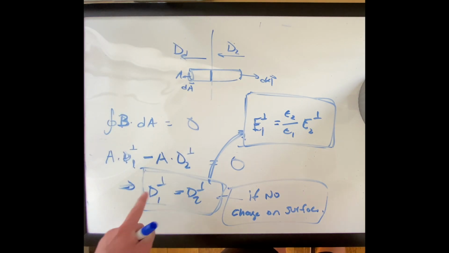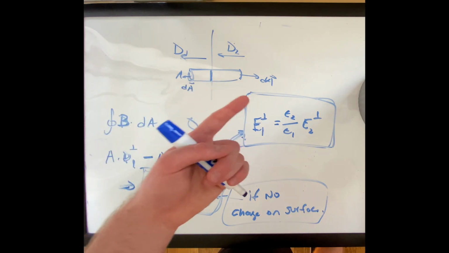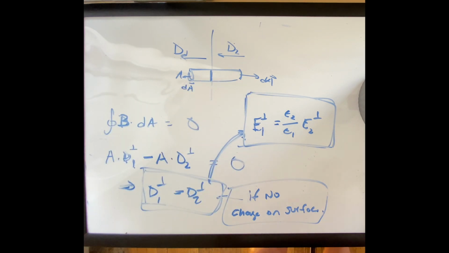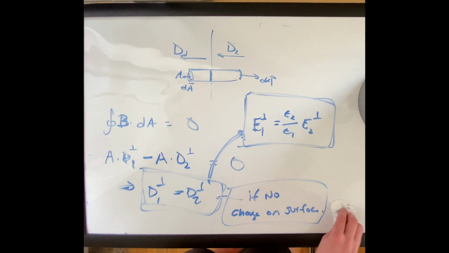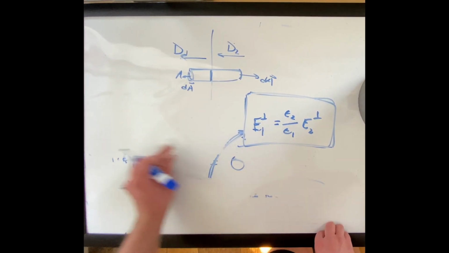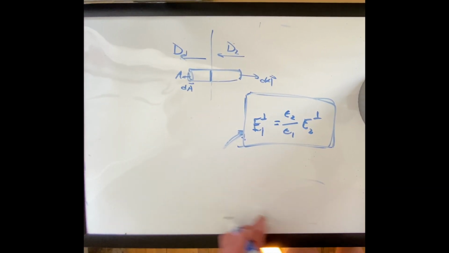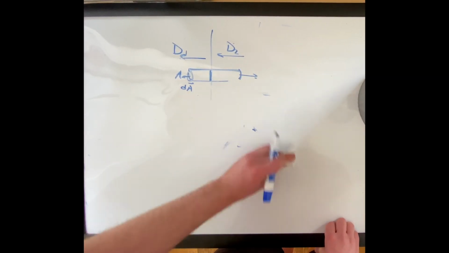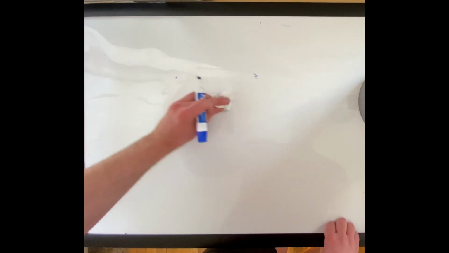And the same ones for H and B, or equivalently B. For H, we basically find that they're all continuous, except for these minor things like there's no charge and there's no current on the surface. If both of those are true, which they don't have to be in conductors, but normally they'd give you a problem where you don't have to worry about that.